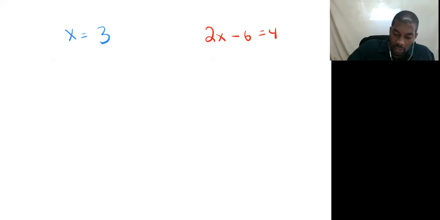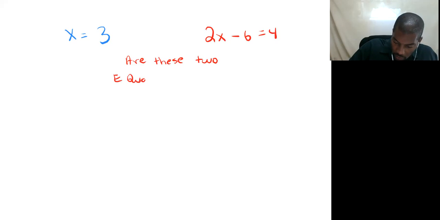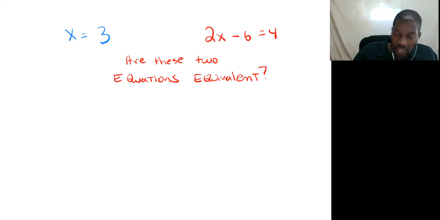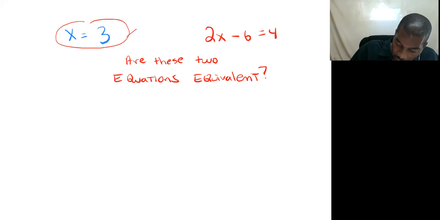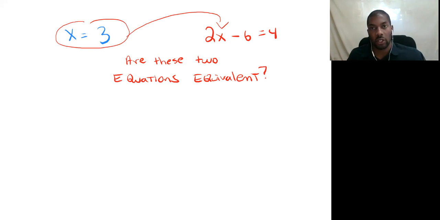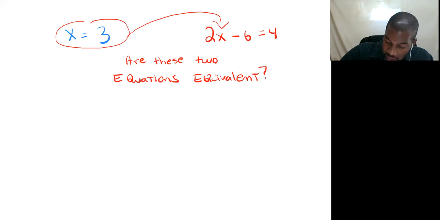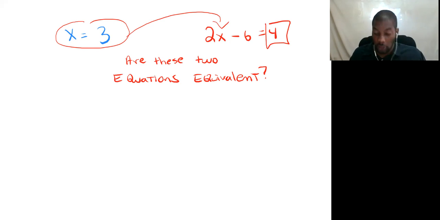And the question asks, are these two equations equivalent? Basically, all they're asking is, if I plug in this value for x into this equation, will it come out with this answer? So let's try it.